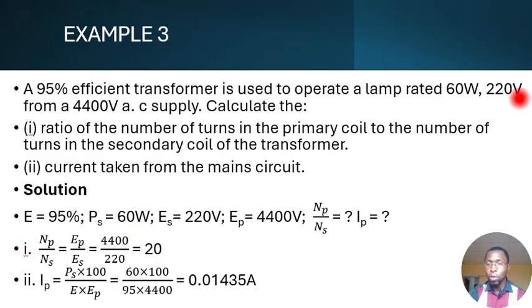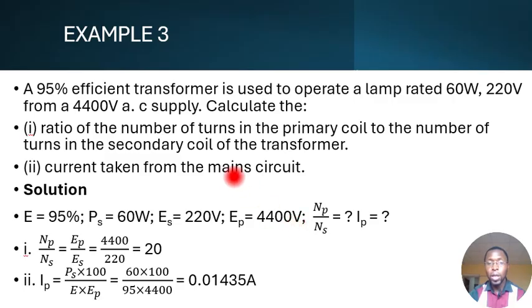Also, the rated voltage is the secondary voltage, so our ES is 220 volts. Now, the main supply is always the primary supply. So we have a primary voltage of 4,400 volts.